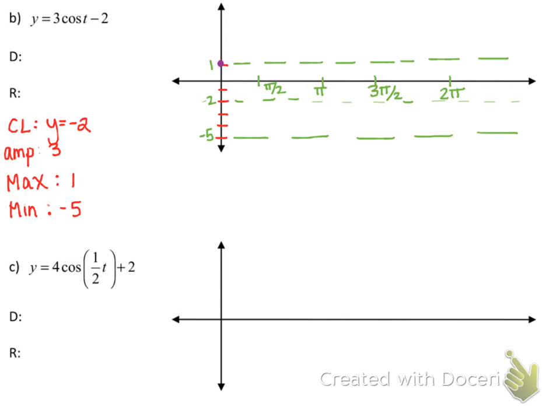Okay, so now we start up for cosine, then we go middle, down, middle, up. So my cosine graph looks like this. Same shape that we're used to seeing, but it's just shifted down. So my domain stays the same, 0 to 2 pi. But now my range is -5 to 1.